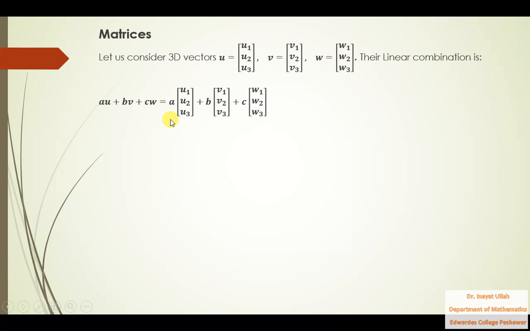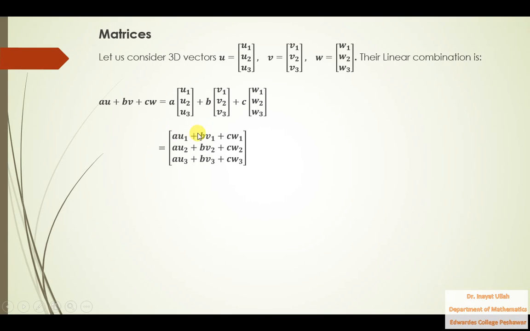Now simplifying this sum, multiplying this a with all these three components, and multiplying this b with these components, and similarly this c with these components, and then adding all those: au1 plus bv1 plus cw1, that is the first row element.